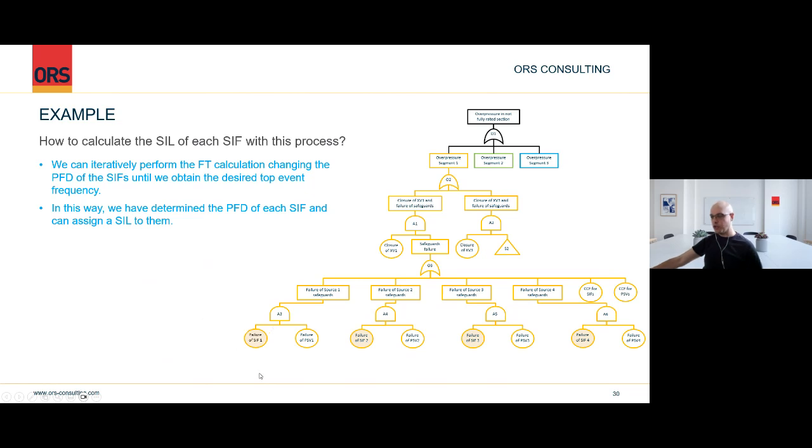But what you need is the probability of failure on demand of each of these safety instrumented functions. So what you need to do is an iterative process where you change the probability of failure on demand of each of these SIFs until you get your acceptable risk target, right? And you can do that with fault tree analysis software that is fairly simple to do.